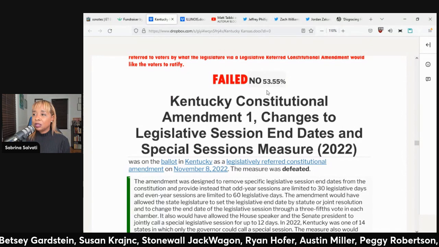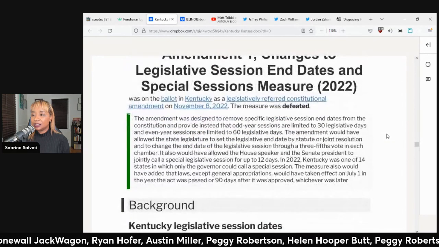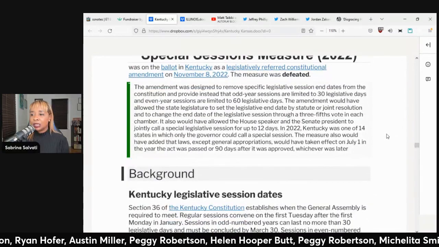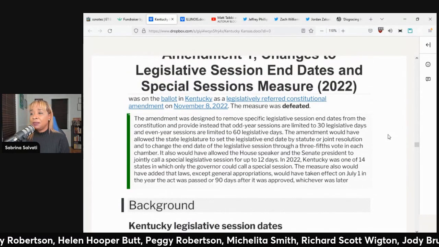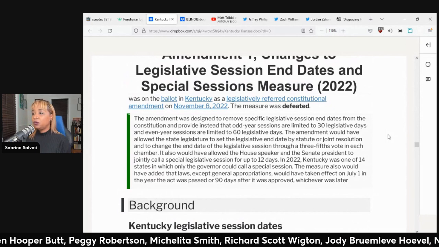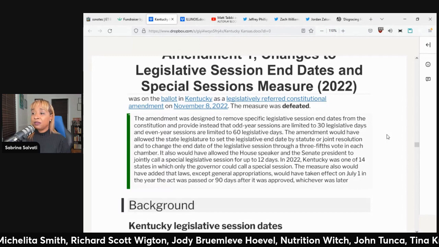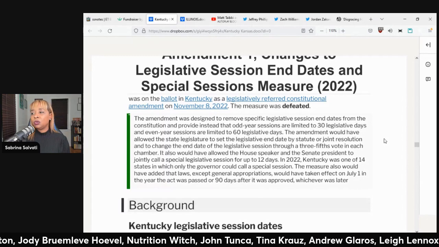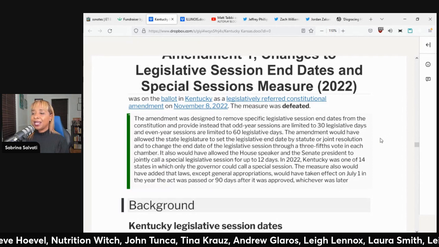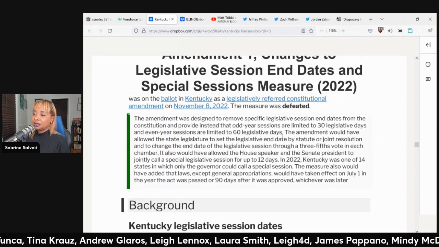This failed by 53.55%. Let's go on. So again, this measure was defeated. The amendment was designed to remove specific legislative session end dates from the Constitution and provide instead that odd year sessions are limited to 30 legislative days and even year sessions are limited to 60 legislative days.